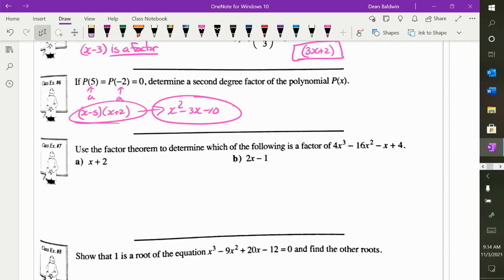Use the factor theorem to determine which of the following is a factor. We're just going to do the first one. To determine if it's a factor, what is the remainder? It has to be 0. If it's not 0, it's not a factor. All you have to do, I know the a value is negative 2, so we go P of negative 2 and plug it into the polynomial.